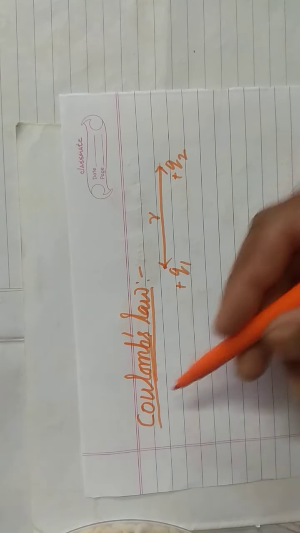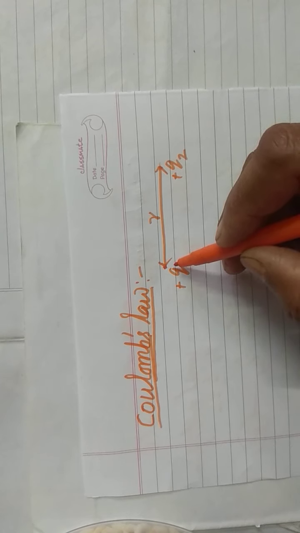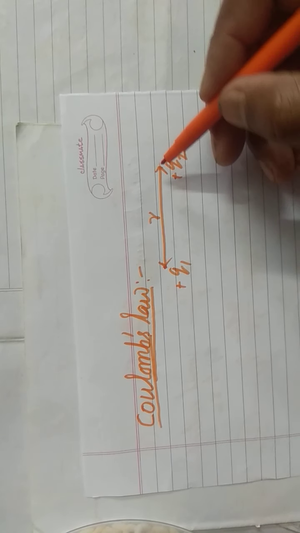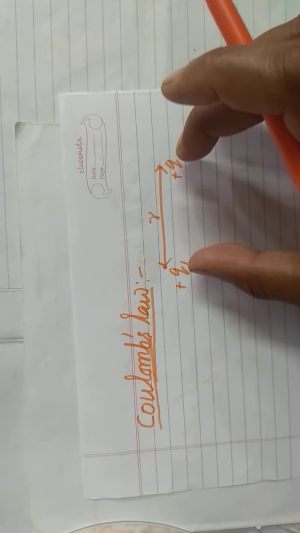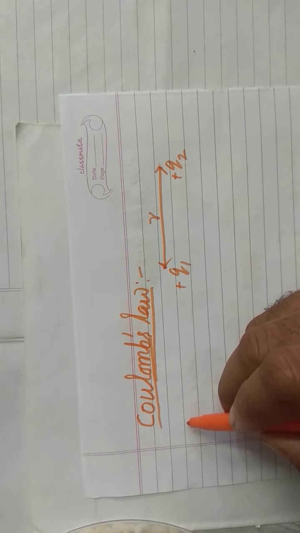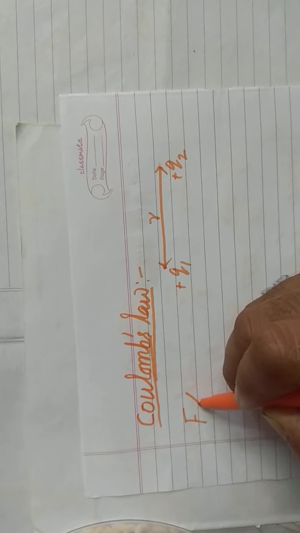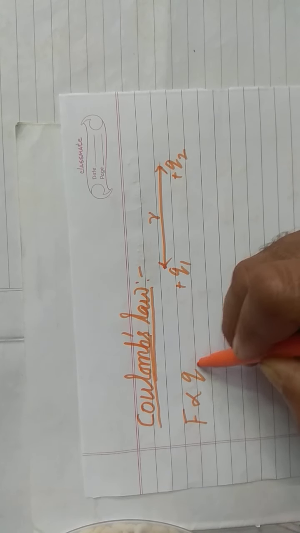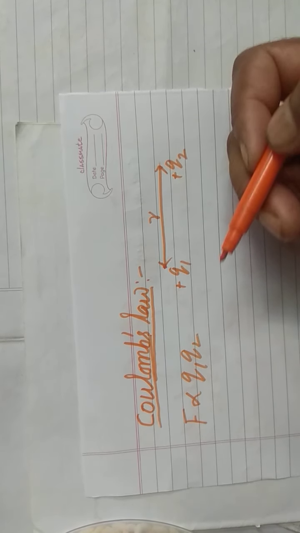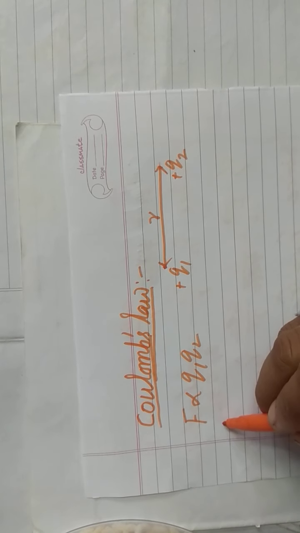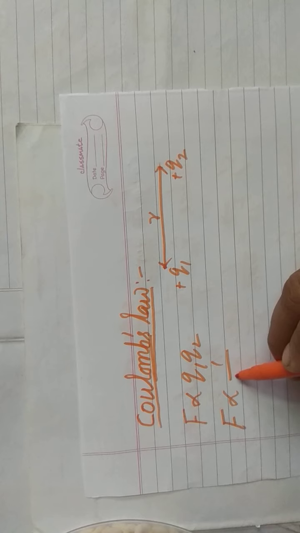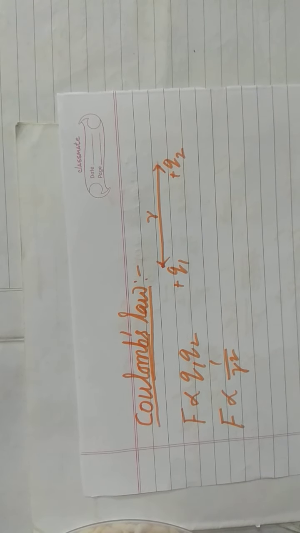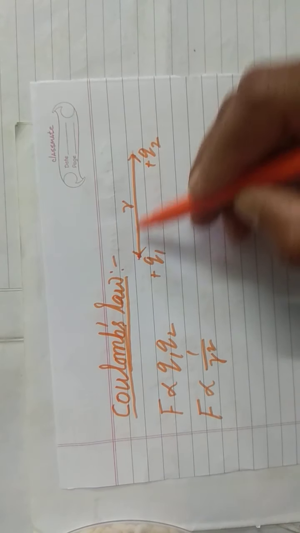Then Coulomb's law states that the force of attraction or repulsion between the two charges is directly proportional to the product of the two charges, and this force is inversely proportional to the square of the distance between the two point charges.